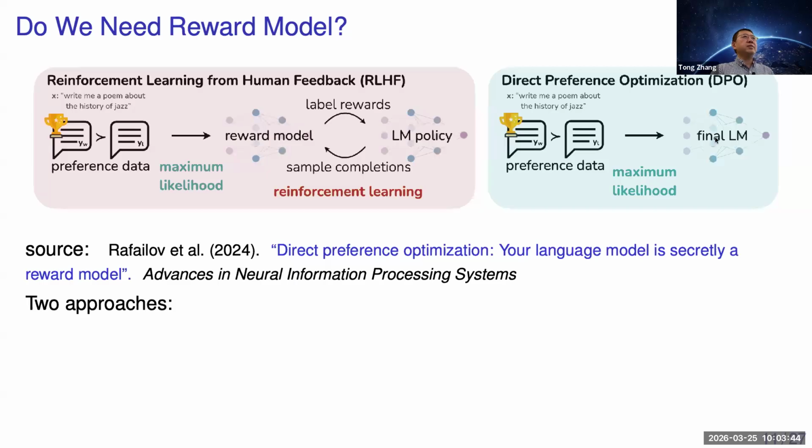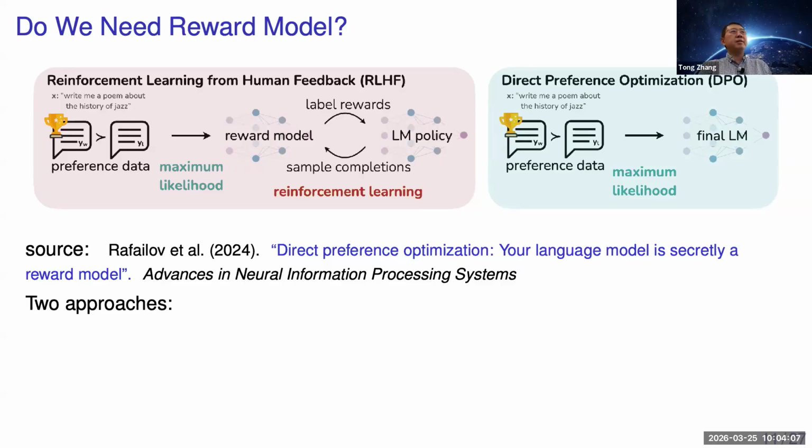In this case, the parameterization, because it's an implicit reward, is equivalent to a reward model of 175 billion if you do DPO, whereas with PPO the reward model is 8 billion and the policy is 175 billion. Then you say, oh, you have a much larger one.